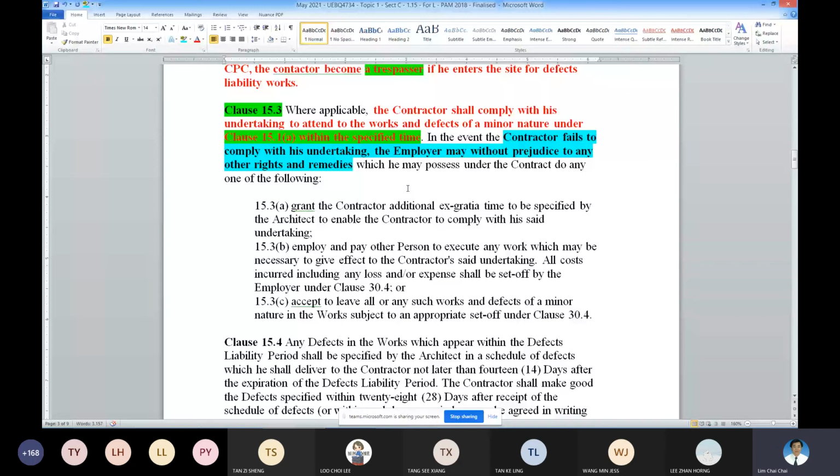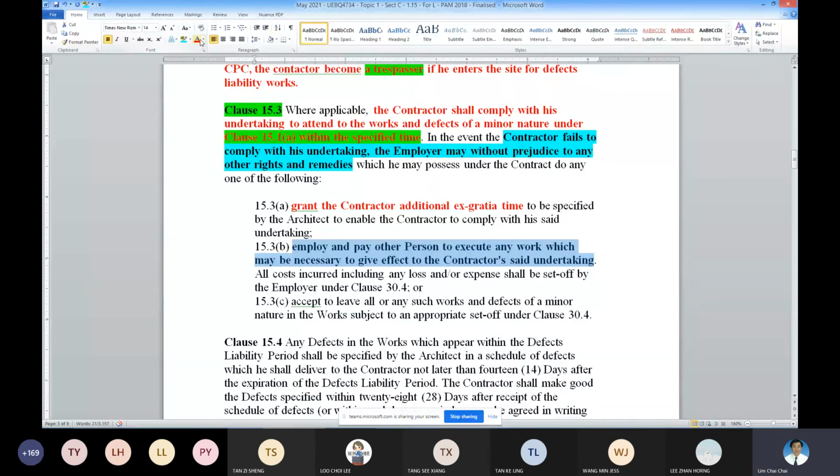Number one, the contractor can be given additional time by the employer to comply with the remedial work. And number two, if I don't want to give the contractor enough time, then the employer will engage another person to do the remedial work.